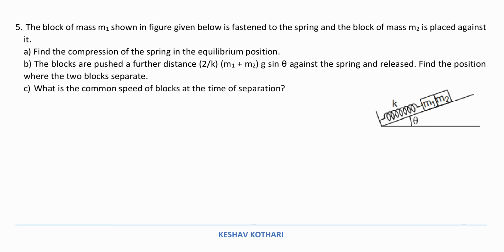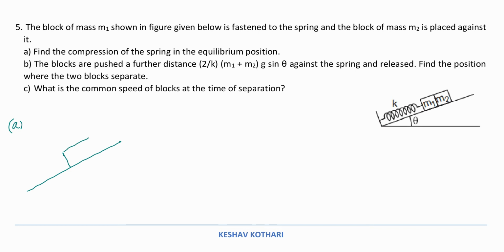So over here, what do we mean to say is the following thing. The first problem that is asked is to find the compression of the spring. So in the equilibrium position, if I am solving the A part, I can draw the diagram in this way.